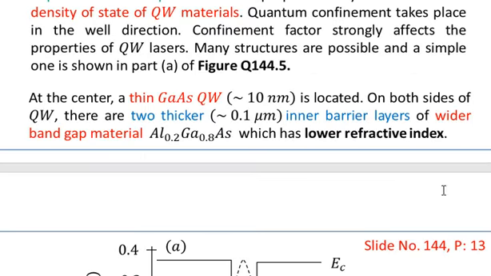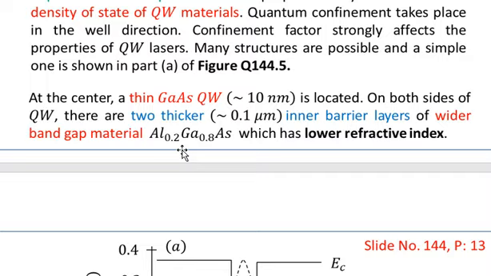And these two wells have a width of the order of 10 nanometer. For example, at the center, a thin gallium arsenide quantum well of the order of 10 nanometer is located. On both sides of the quantum well, there are two thick layers of the order of 0.1 micron, inner barrier layers of wider band gap materials.